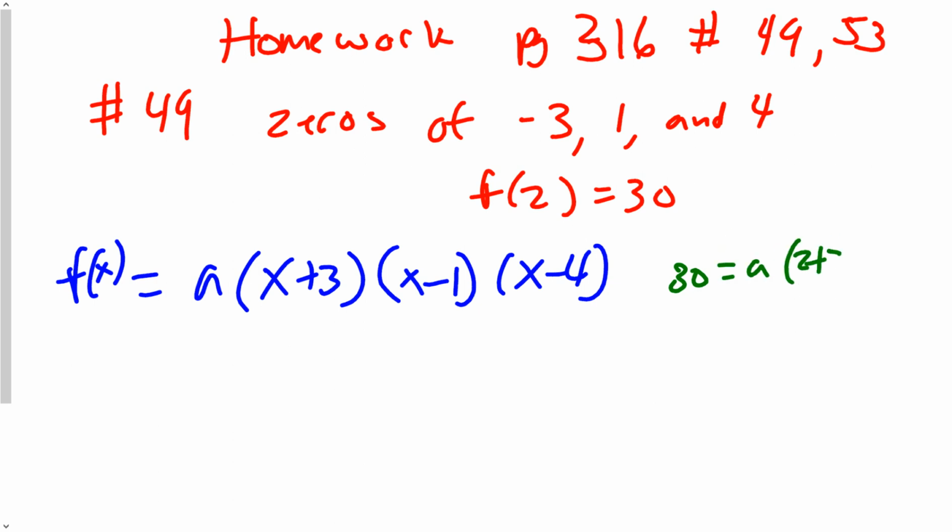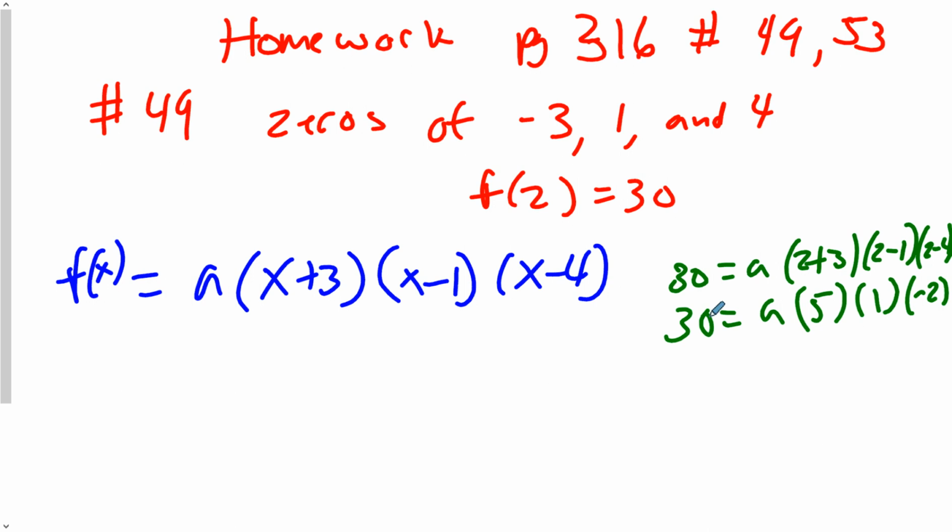So 2 plus 3 is 5, 2 minus 1 is 1, and 2 minus 4 is negative 2. Okay, so we get negative 10. A times negative 10 equals 30, so a is negative 3.